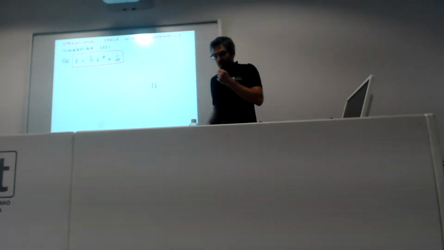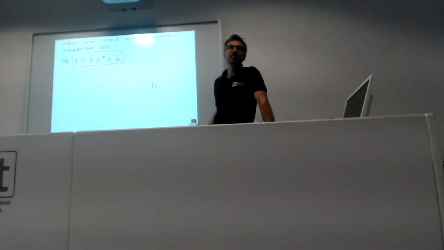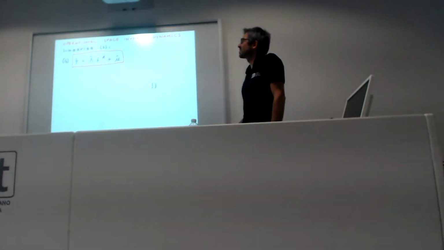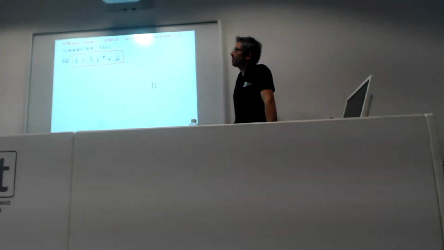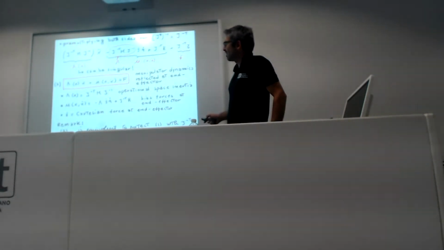What can we do now? We can implement the same concept that we did for the joint space controllers. So we can implement inverse dynamics. And implementing inverse dynamics means inverting this equation.